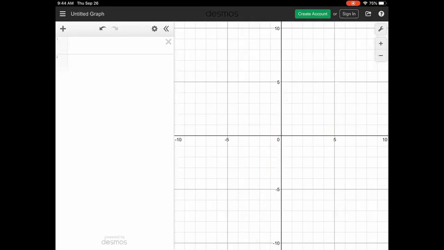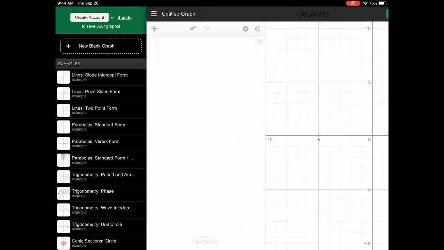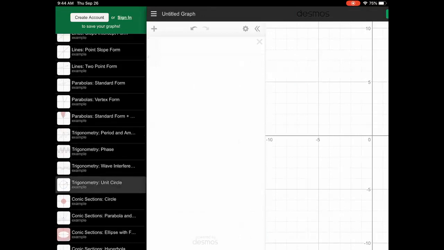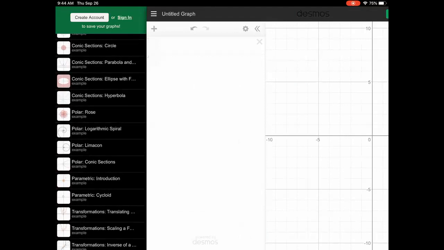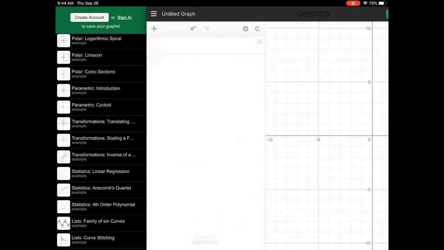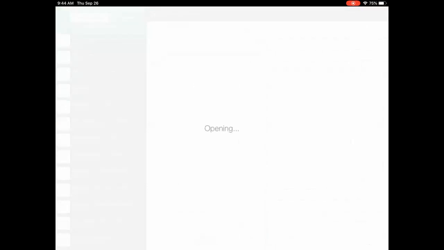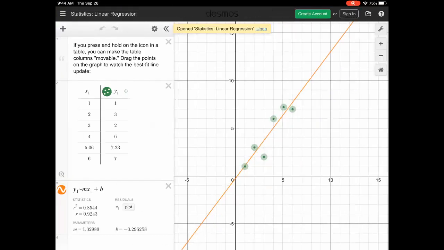If you go up to the menu, it gives you a bunch of prefab options. One of those is the statistics linear regression, which you did on assignment 2, but now I'm going to show you a cooler version.